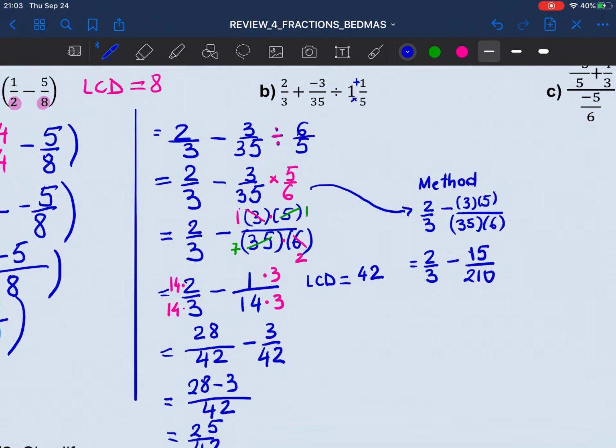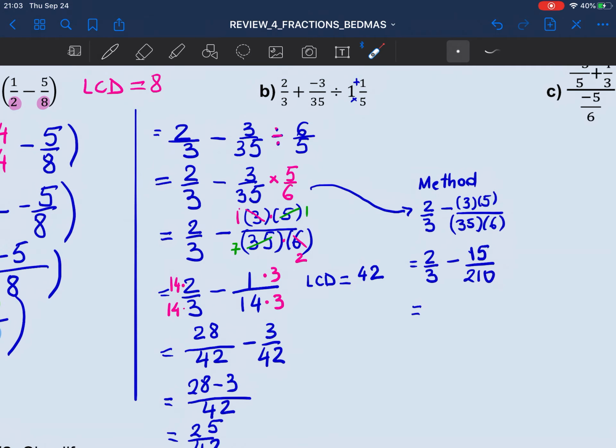But what do we do from here? How do we find the lowest common denominator? This is quite a big number. We don't like very big numbers. So what you want to try to do, before you start looking for the lowest common denominator, is check and see if you can reduce any of the fractions, or check all of them.